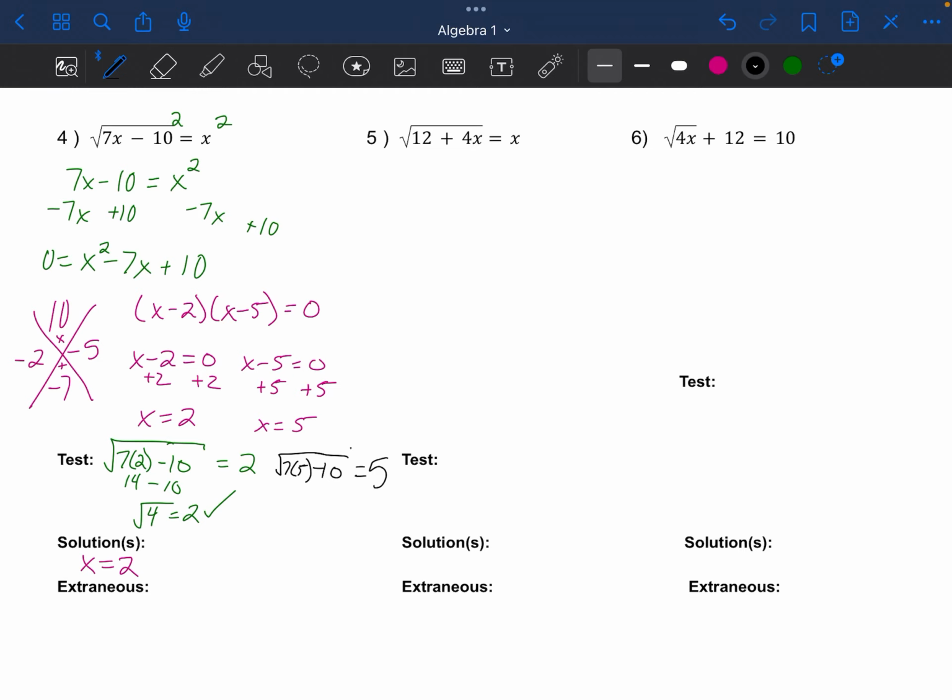Always start inside the square root. 7 times 5 is 35. 35 minus 10 is 25. And the square root of 25 does in fact equal 5.